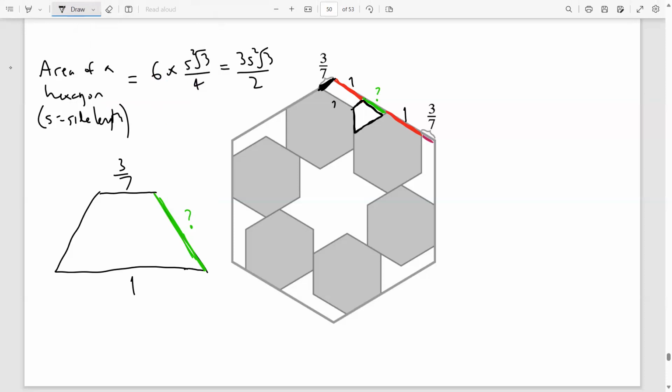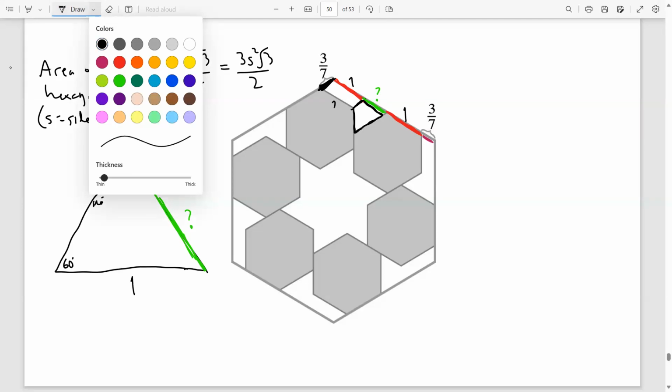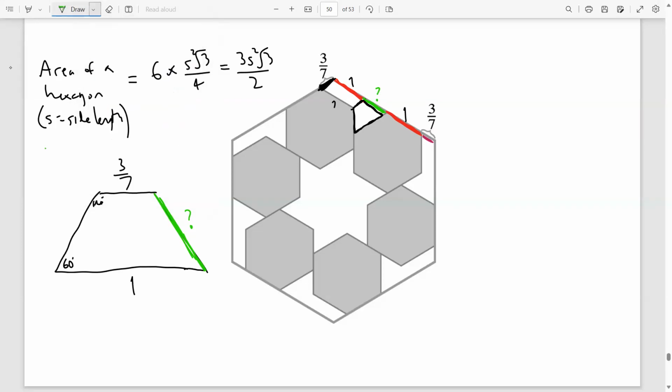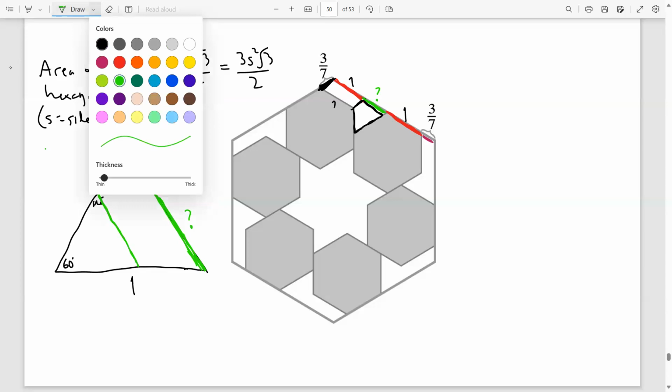So the convenient part here is that every angle is going to be either 60 degrees or 120 degrees. So in order to find this green segment, we can consider a parallel green segment, a green segment that is parallel to this side length, and then just chase a few lengths.